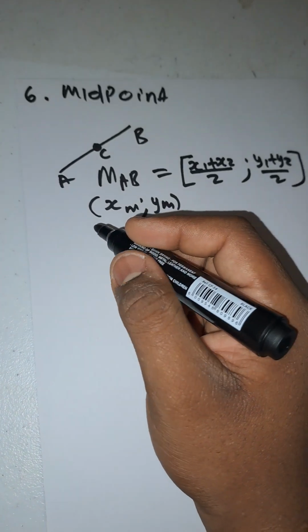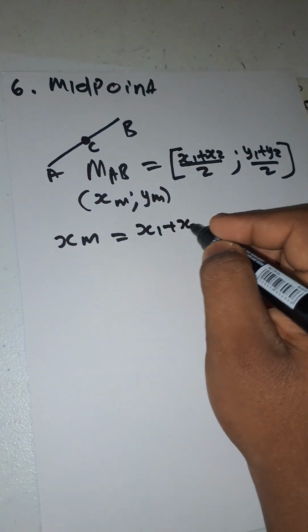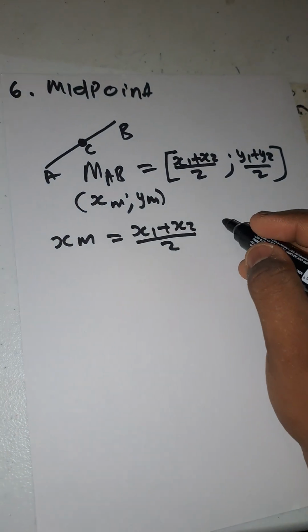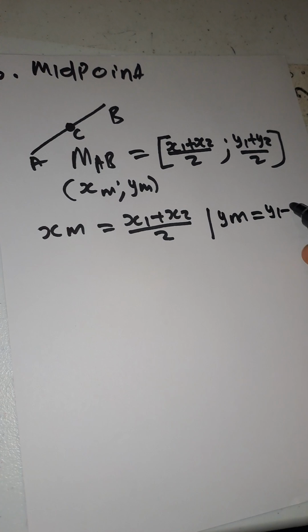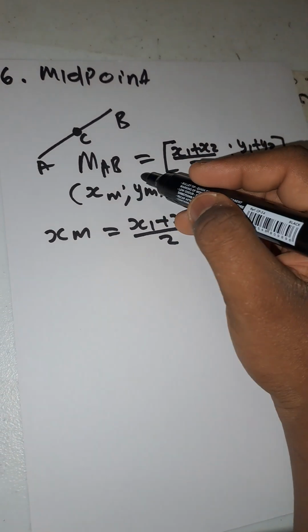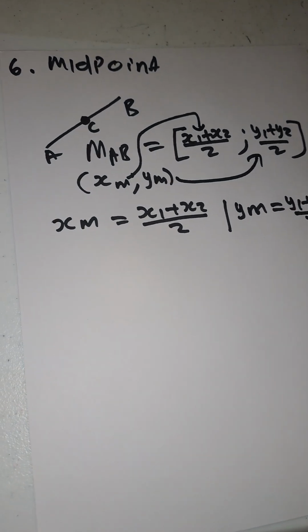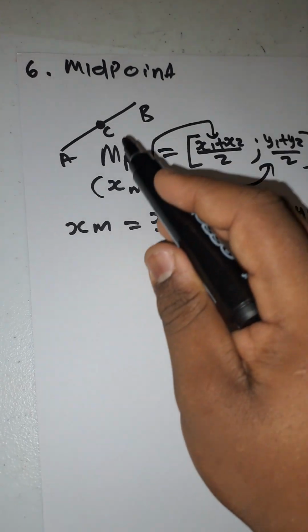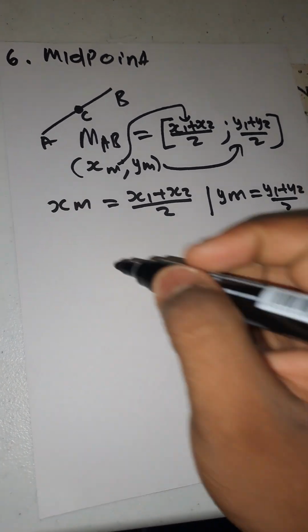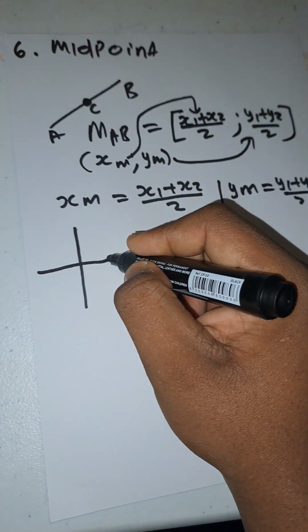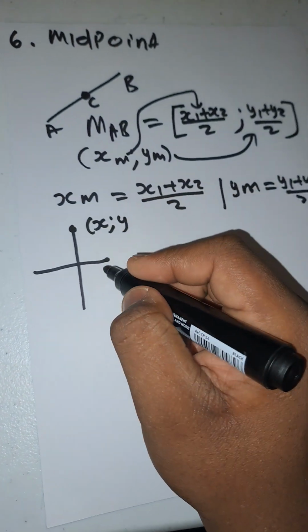So xm equals x1 plus x2 over 2, and ym equals y1 plus y2 over 2. The value that you get here is the same. Let me show you an example so that I don't confuse you. For example, let's have this, and then I have x, y there, and then I have m there.